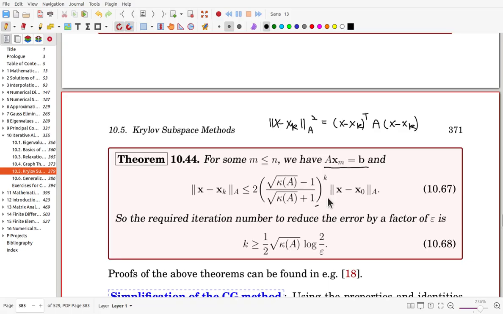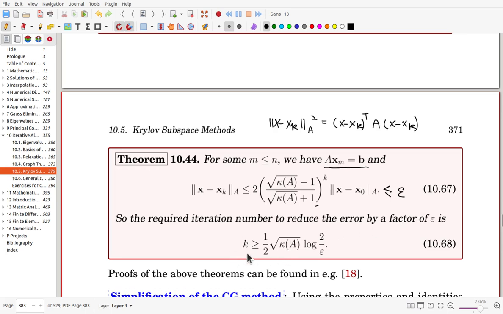Now, we can try to get the required iteration number to reduce the error by a factor of epsilon, so we put epsilon here in this way and solve this inequality, then we reach here.